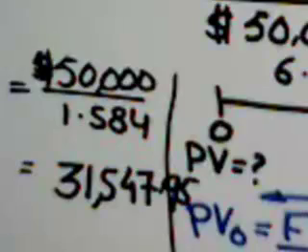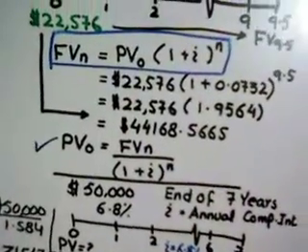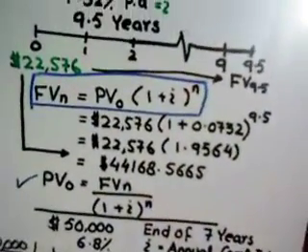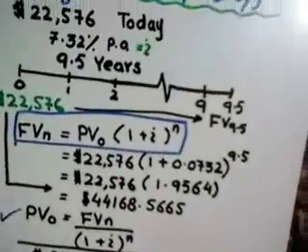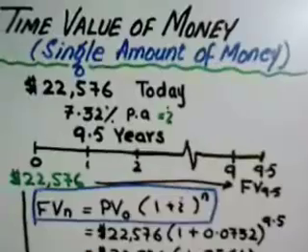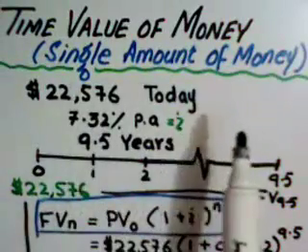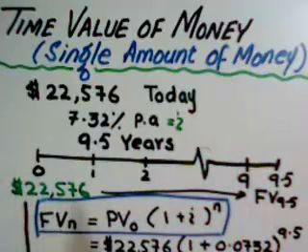So this is the way we can apply the present value and future value formulas to calculate the present value and future value of any single amount of money. Make sure that this is the problem related with the time value of money of a single amount of money. In the next video we'll see how to calculate the time value of money for an annuity, for a stream of cash flow.